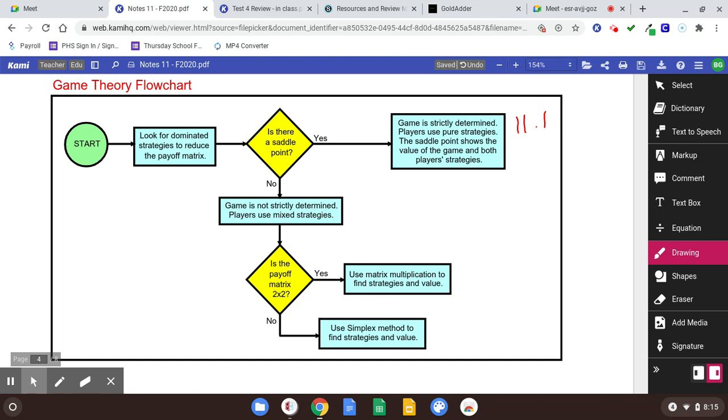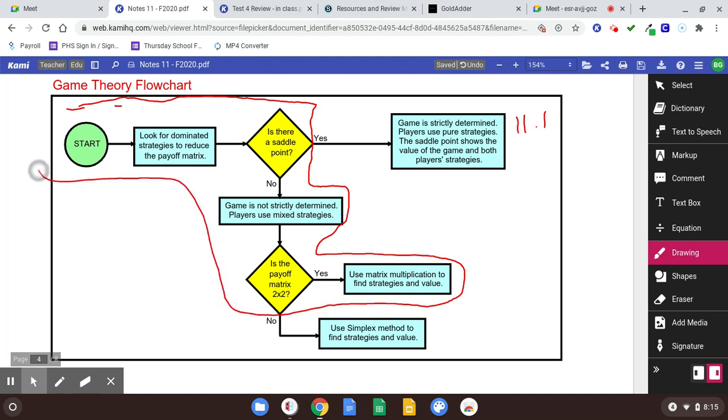But in this section, we can start and we can try to look at dominated strategies, but there's not going to be a saddle point, and so the game is not strictly determined. We're going to be looking at 2x2 payoff matrices, though. So 11.2 is going to be over here. All right, the bottom part of this flowchart we'll save for next section, 11.3.